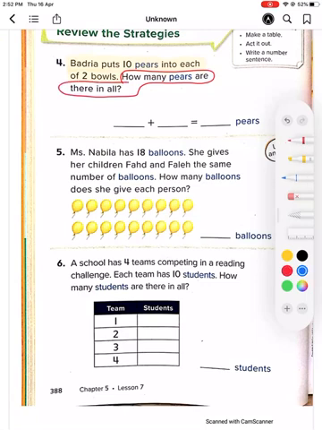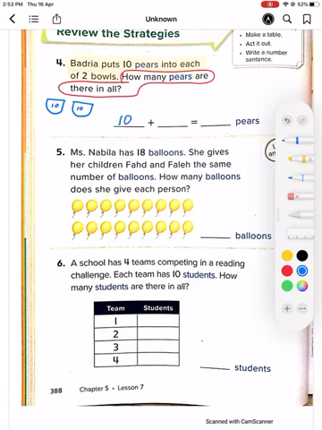Good. Now we want to draw what is written. Badriya puts 10 pears into 2 bowls. So I have 2 bowls. This is a bowl. And I have 10 pears inside. So the question is, how many pears are there in all?